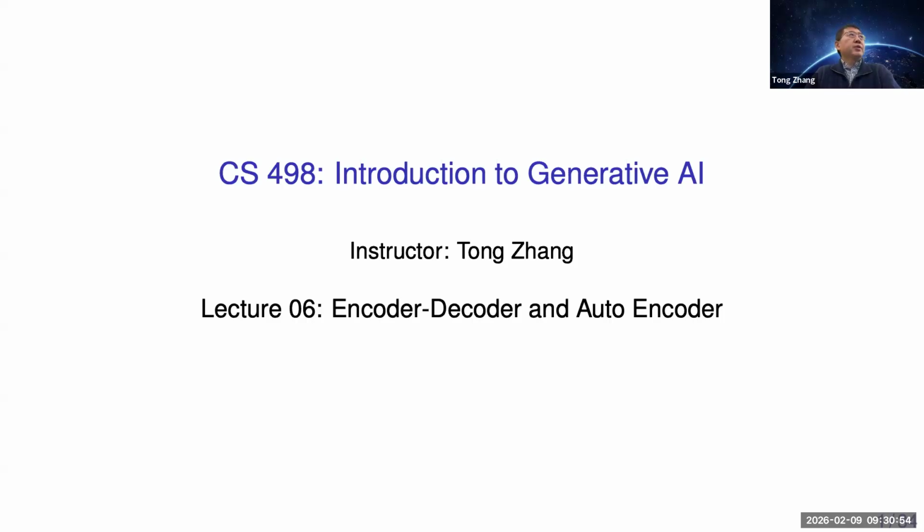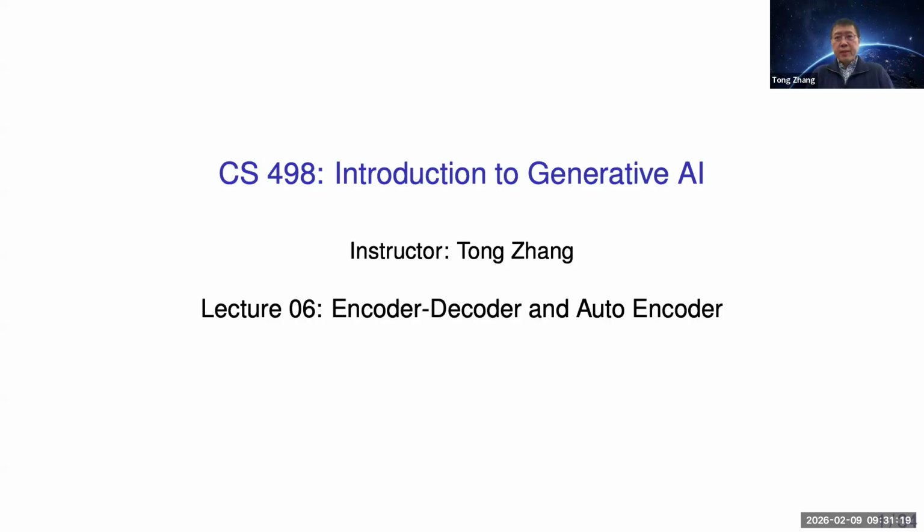The decoder uses the representation for both prediction and generation. So this is a kind of universal architecture. This is an important concept, and we will give some examples, and then we will move to the autoencoder. Next time we will talk specifically about variational autoencoder.